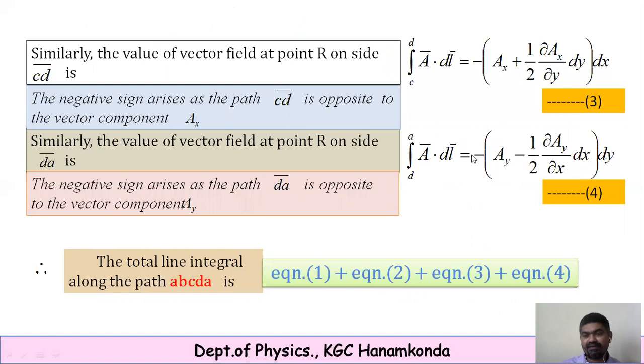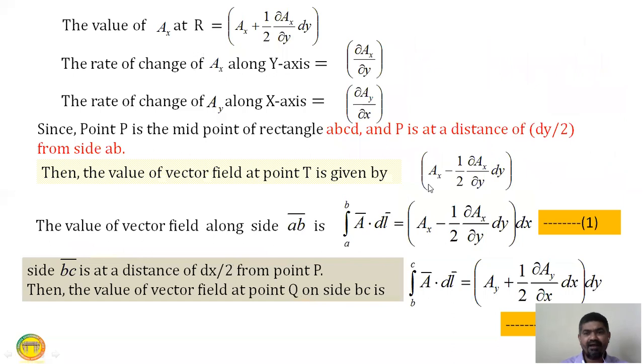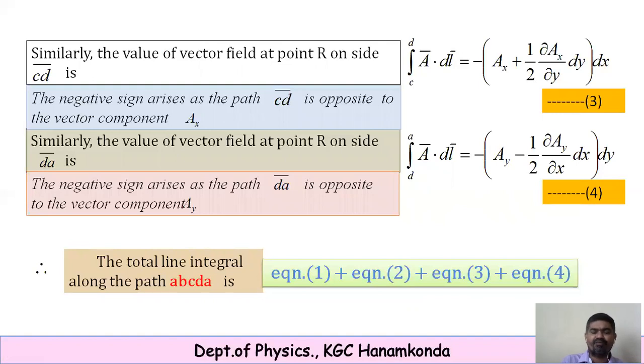That's why I have taken the negative sign here. This is the vector field value on side AD. This is the vector field value on side CD, and this is the vector value on side CB. This is the vector value on AB. In this way, we got the vector field values on all four sides, as shown in equations 1, 2, 3, and 4.